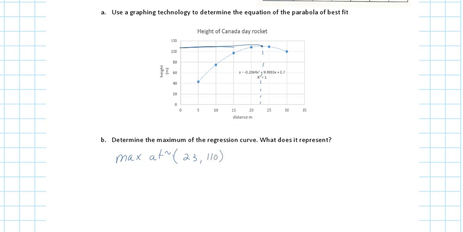So even though it says 109 is the highest, what happens is it's gonna go up and then go back down, right? Between the 20 and the 25th meter, it looks like my graph was even higher than that.